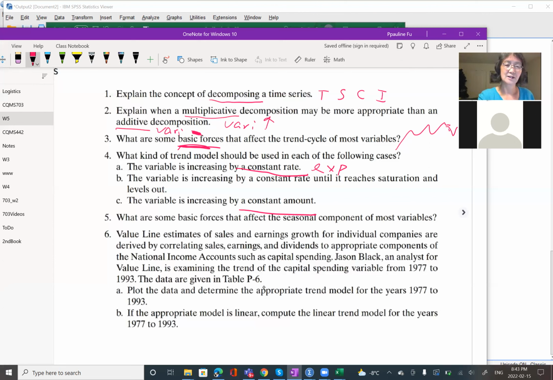Second, B, variable is increased by a constant rate until it reaches saturation and then levels out. Okay. And this one, you use what the textbook calls growth model, growth curve. C, variable is increasing by a constant amount. This one you use linear. We did a lot today for linear. Okay.